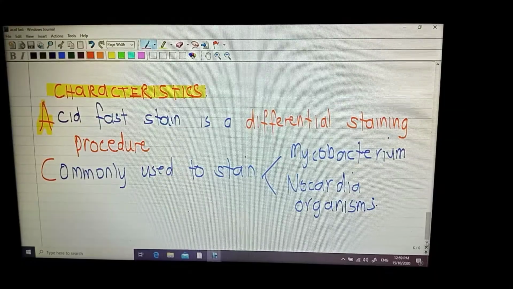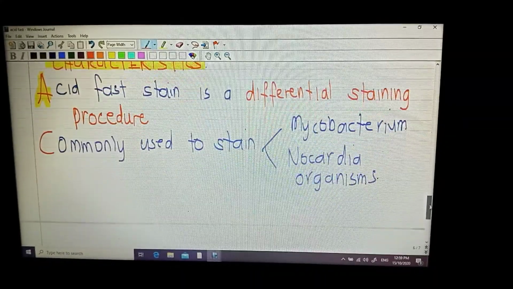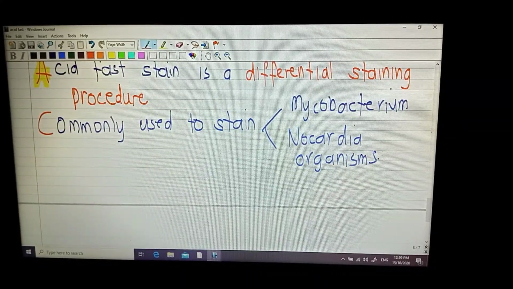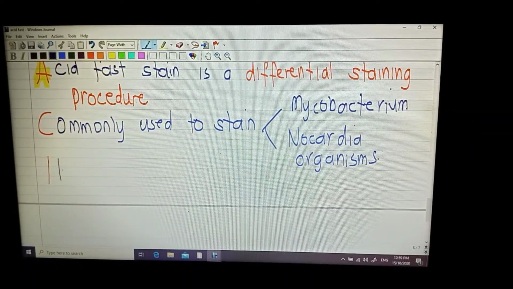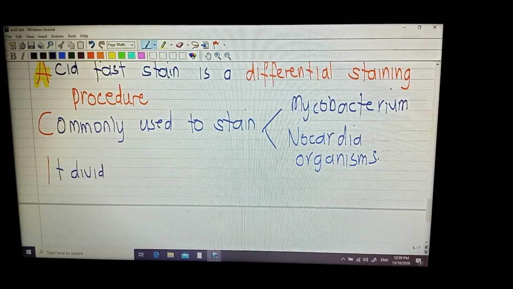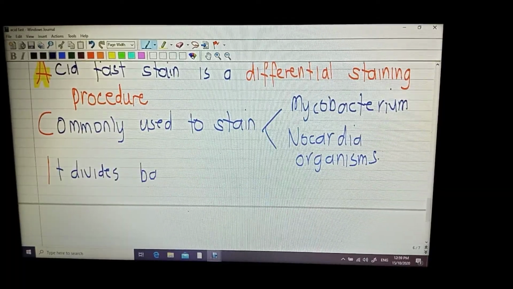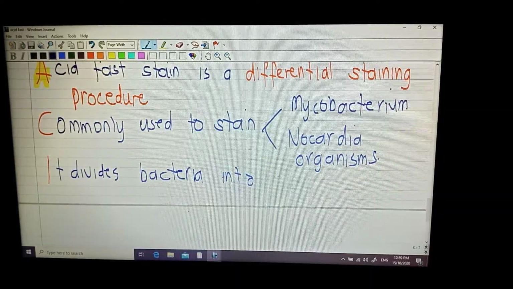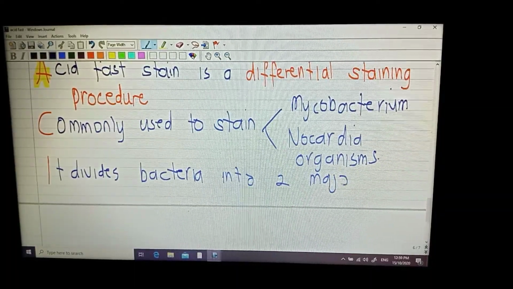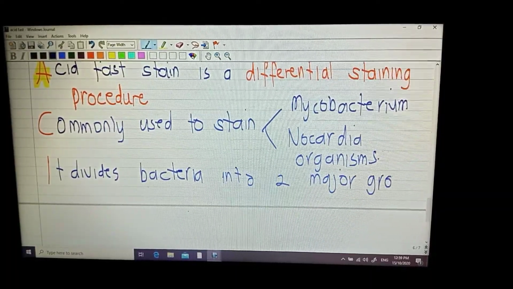Other characteristics that you should know about the acid-fast also include your letter I. What is the characteristic? Letter I, it divides bacteria into two major groups. Divides your bacteria into two major groups.